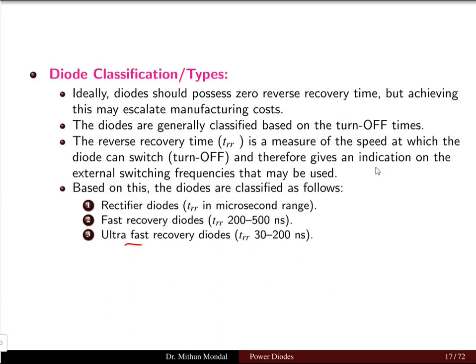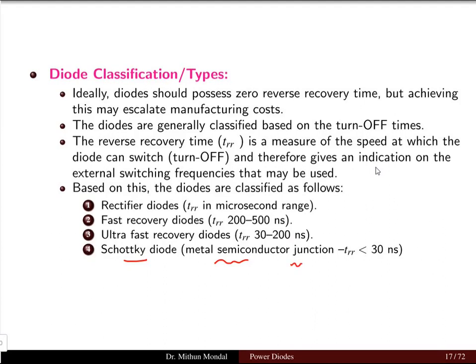The ultra fast recovery diodes will have a reverse recovery time from 30 to 200 nanosecond, and the Schottky diodes, which are basically metal-semiconductor junction diodes, will have a reverse recovery time less than 30 nanosecond. So this classification of the diodes comes from the reverse recovery time and how fast the diodes can behave, which is directly related to the manufacturing cost.